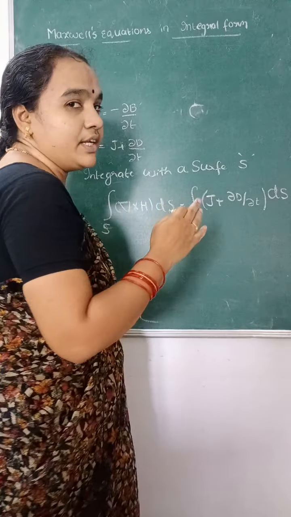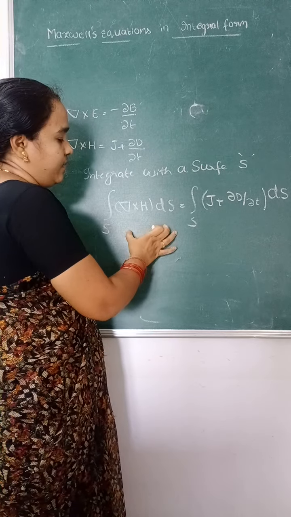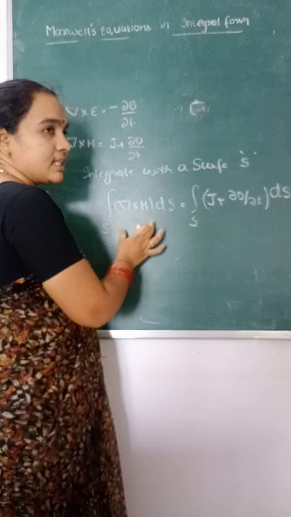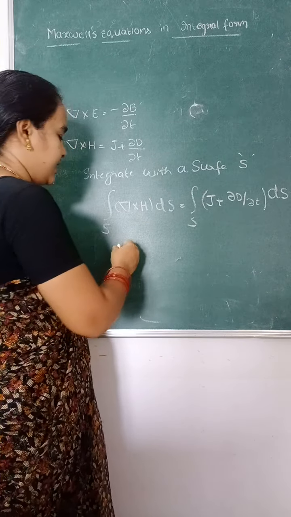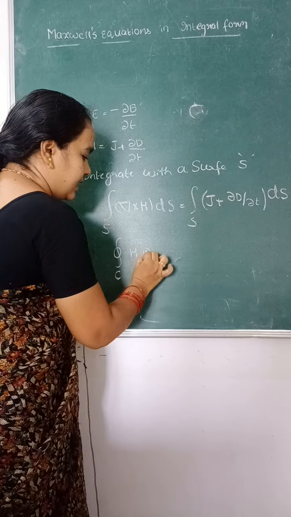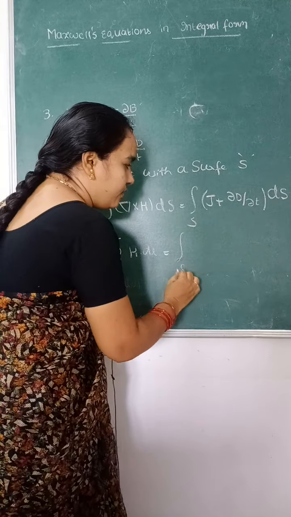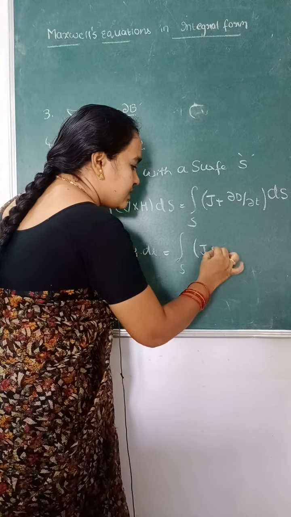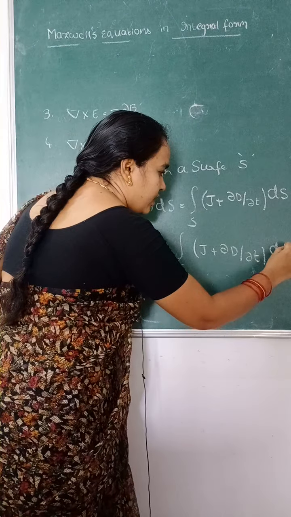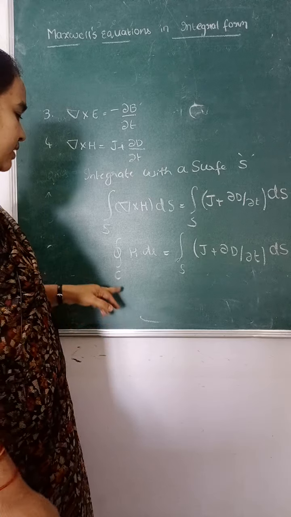In order to convert into integral form, we will take only the left hand side part, and according to Stokes theorem we will convert this surface integral into a line integral, that is the line integral of H dot dl is equal to the surface integral of J plus dou D by dou t dot ds. The closed integral of E dot dl is the electromotive force.